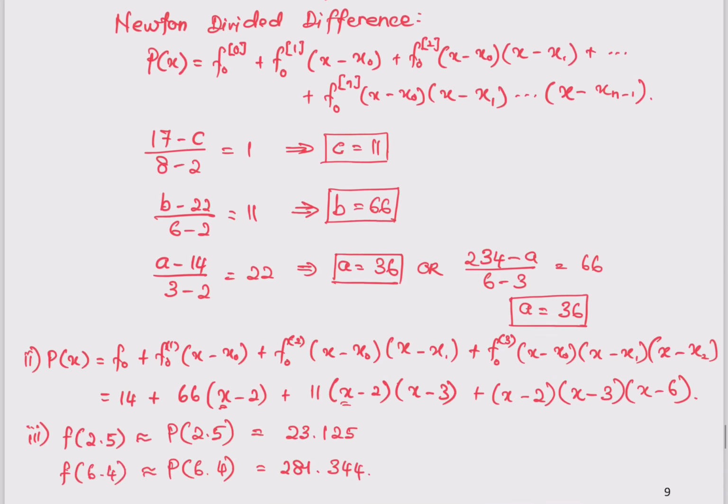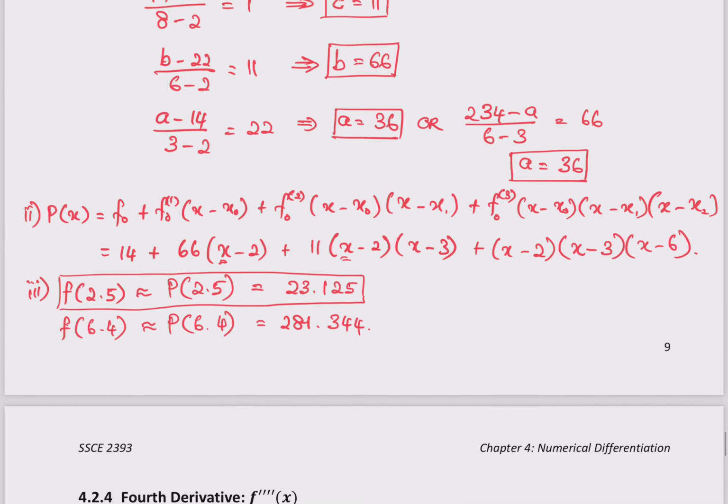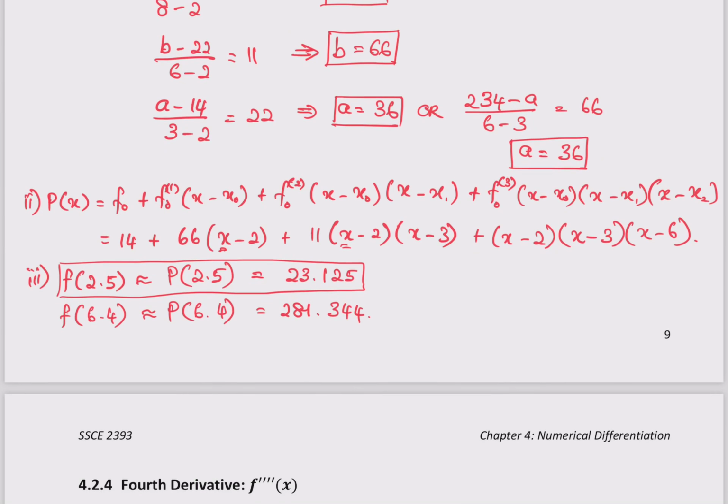You also have f 2.5 here that you already calculated, so the only possible formula you can use is the 2-point forward difference. So we use the 2-point forward difference formula.